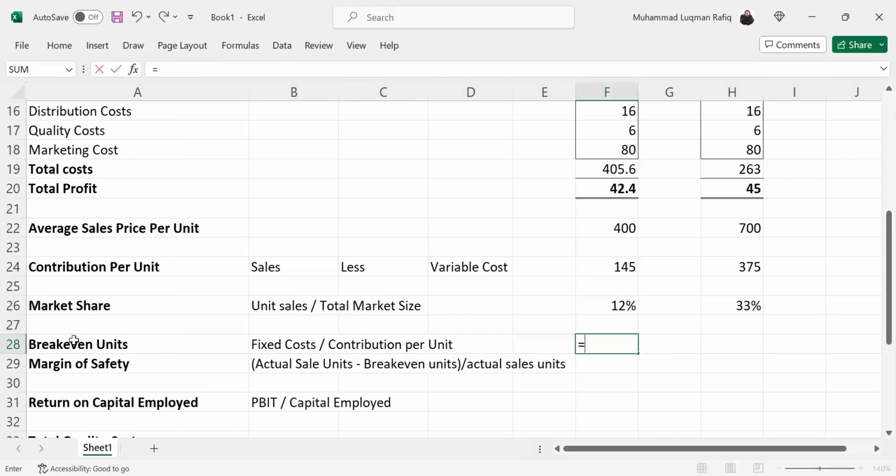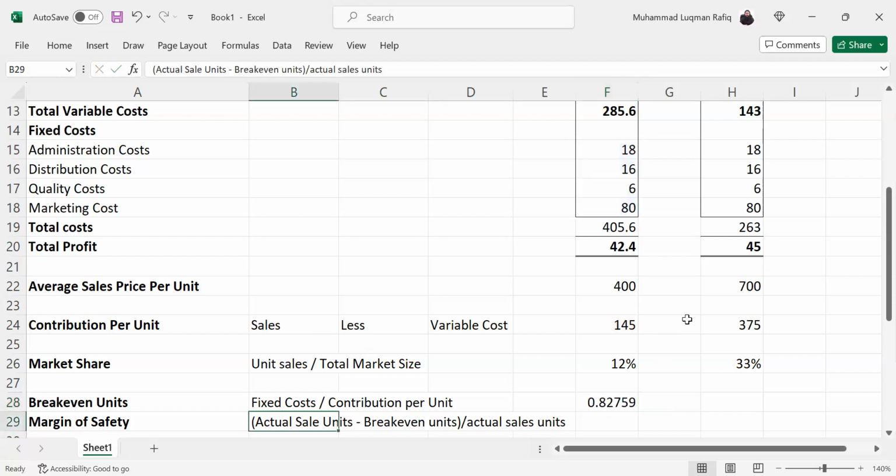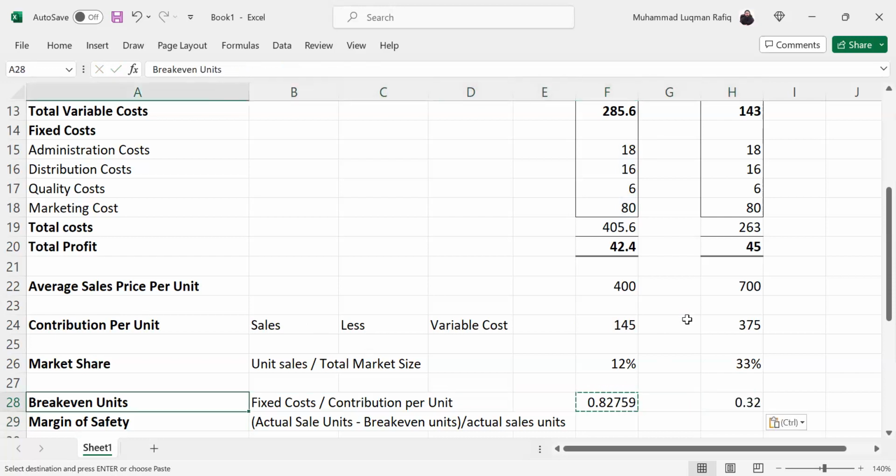So it's basically break-even units is 0.82759 million units.